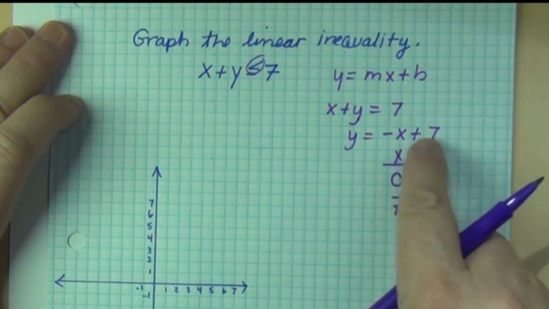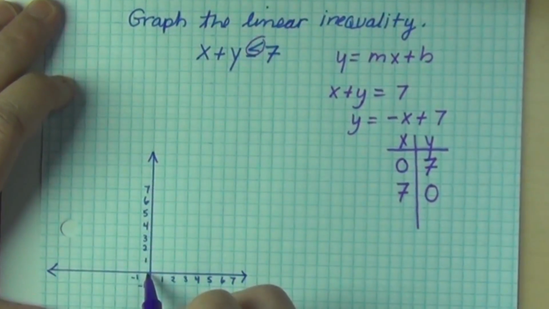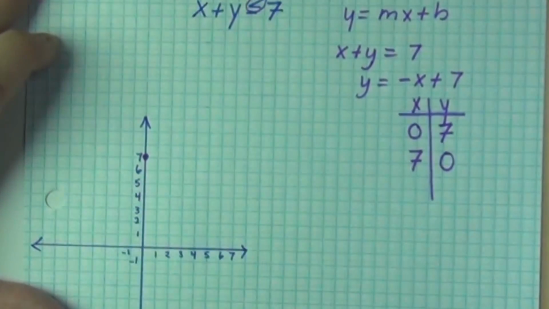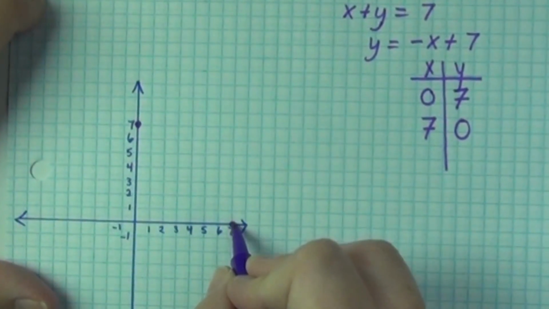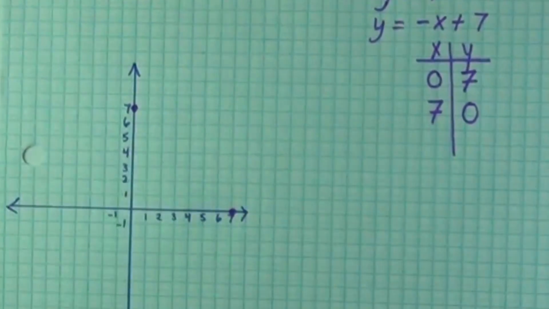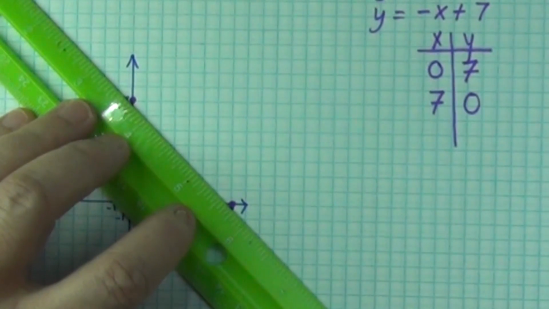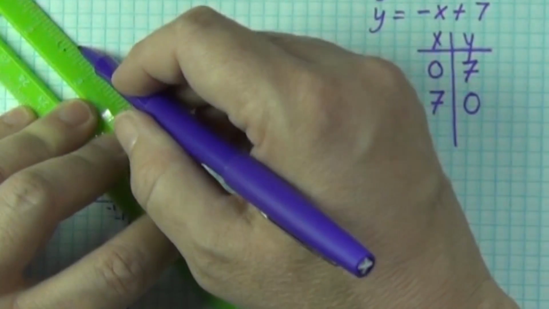I'll have negative 7 plus 7, which will give me 0. So this graph goes through 0, 7, right there. That's 0, 7, and 7, 0. And you could put another point on there to make sure if you wanted, but I think we've got it. I know we've got it. So let's go ahead and draw this line.